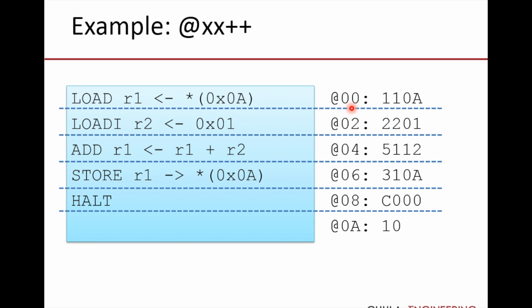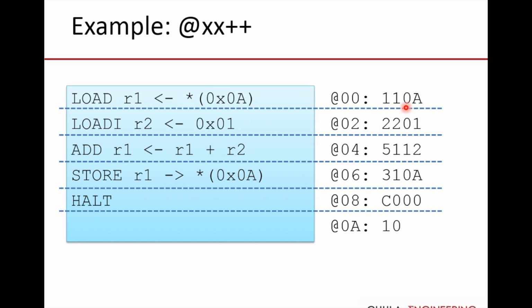On the left side, the addresses indicate the location of the value on the right side. This means 11 is at memory address 00, 0A is at address 01, 22 is stored in memory address 02, 01 is stored in memory address 03, and so on and so forth.